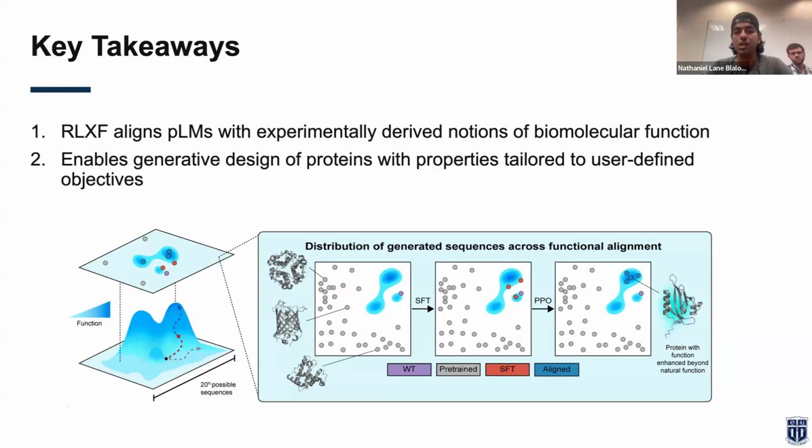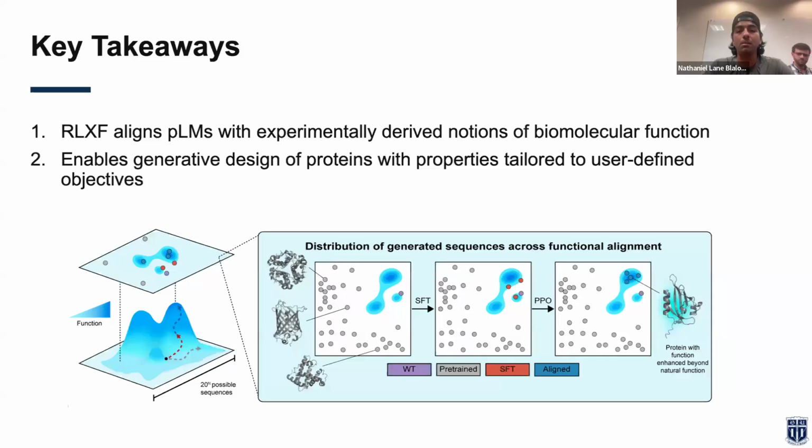This enables the generative design of proteins with properties that are tailored to any use case that you may find yourself needing for a protein engineering campaign, given that you have a high quality data set to work with to train a reward model with. This can be anything from binding affinity to thermostability, fluorescence, enzymatic activity, etc.